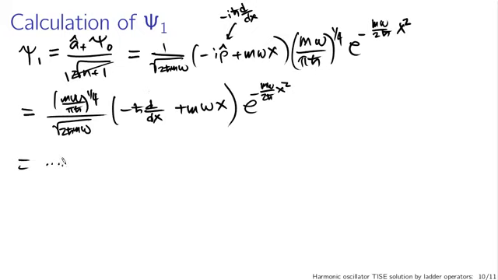And what we end up with is the constants we had out front, and taking the derivative of an exponential, we're just going to get the exponential back. So we're going to have an h bar e to the minus m omega over 2 h bar x squared times the inner derivative, the derivative of what's in the exponent itself, which is minus m omega over 2 h bar times 2x.